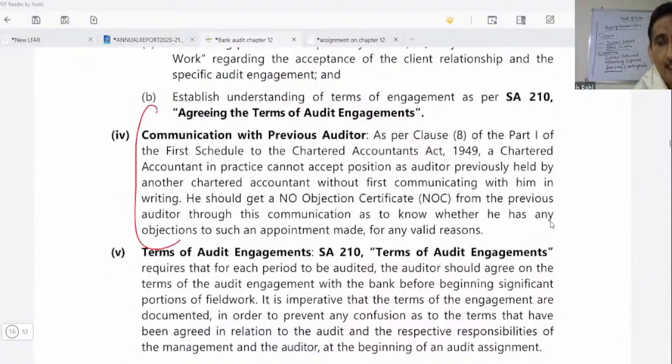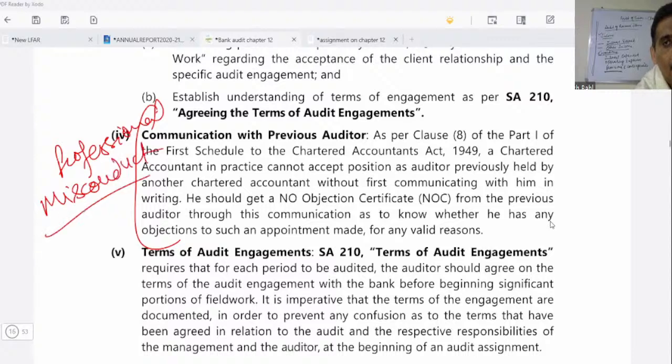Not communicating with the previous auditor would be against professional ethics, a case of professional misconduct. So the incoming auditor, whether branch auditor or statutory central auditor, has to communicate with the outgoing auditor to seek whether there exist any professional reasons for not accepting the assignment.